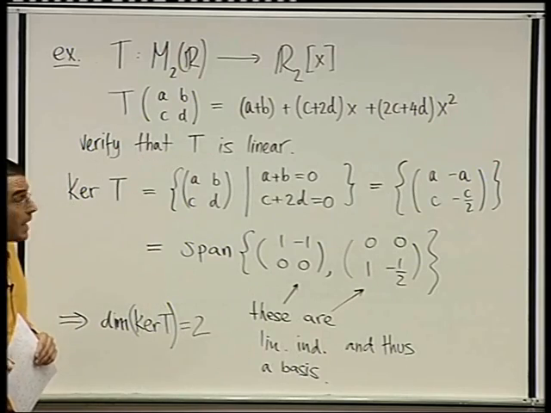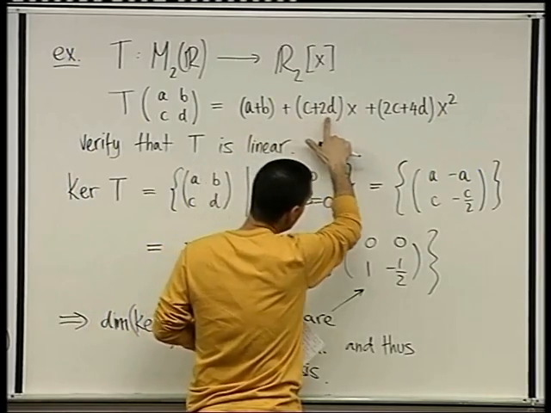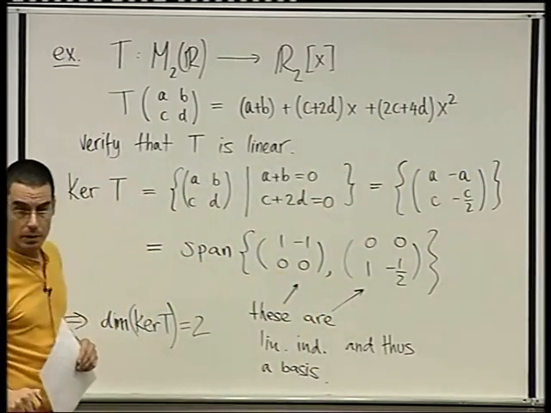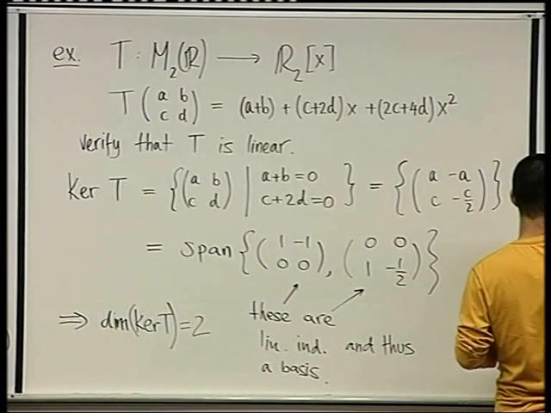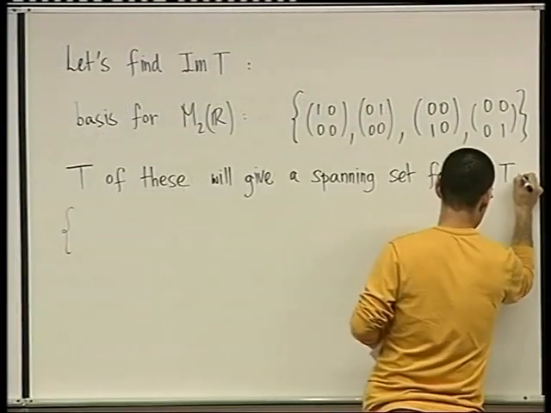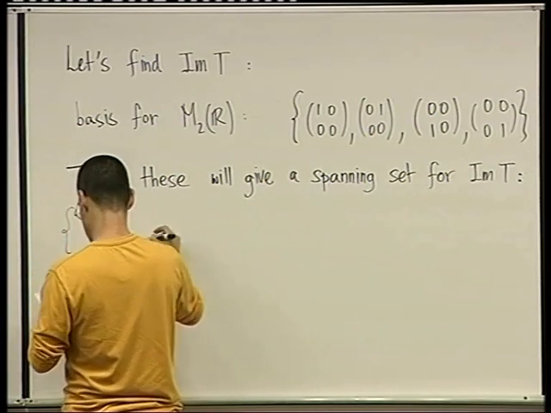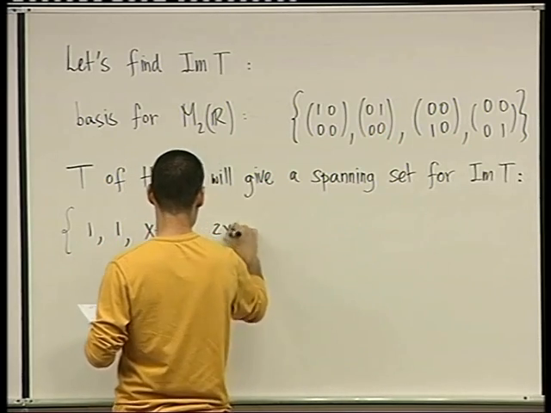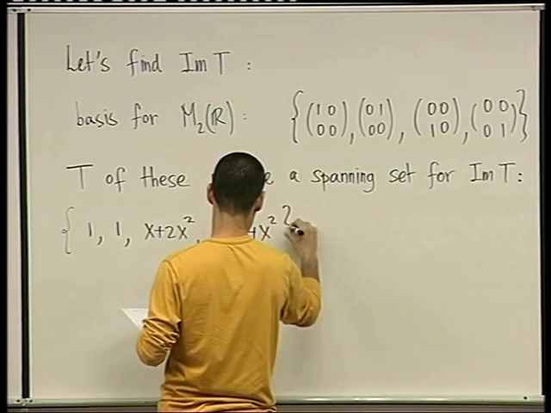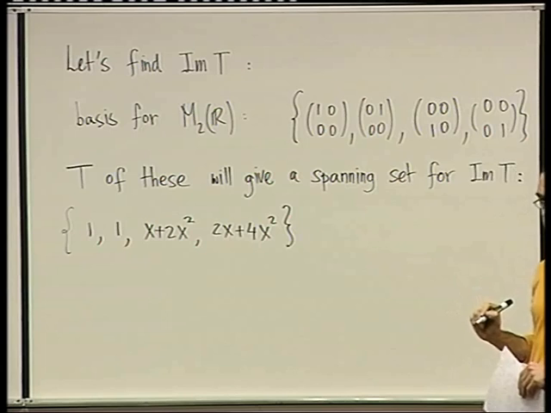And T of 0, 0, 0, 1 is going to be 2x plus 4x squared. Good? So the spanning set that we get for the image is 1, 1, x plus 2x squared, and 2x plus 4x squared. This is a spanning set for the image, by the previous theorem.